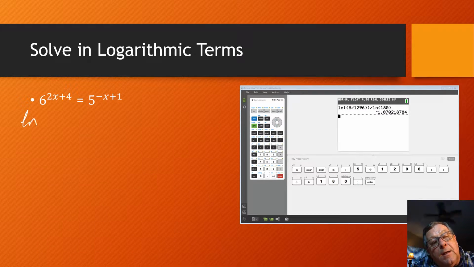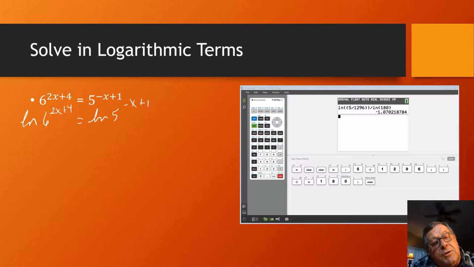So I've got ln of 6 raised to the power of 2x plus 4 equals the natural log of 5 raised to the power of negative x plus 1. Now let's expand both sides of this.